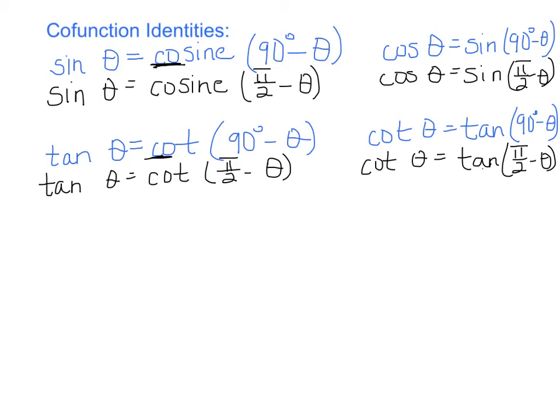And then the last relationship would be secant, and its cofunction is cosecant. So you have to really pay attention to what they're asking you to find, because you don't want to confuse cofunctions with reciprocals. And at least when they ask you for cofunction, you're looking for that relationship.